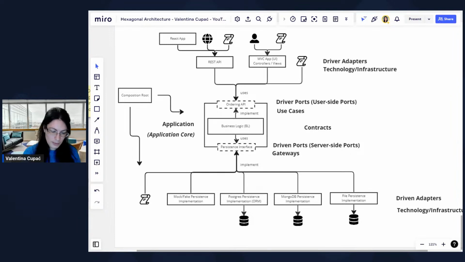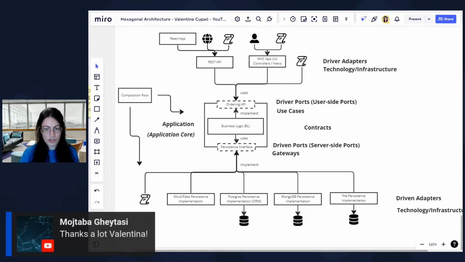The other part that I would like to continue on is further complexity regarding the driven adapters. So not just databases, but how do we deal with RabbitMQ, Kafka, with integrating with PayPal? How do we do all of that in a hexagonal architecture way?